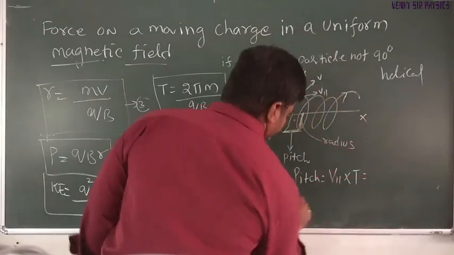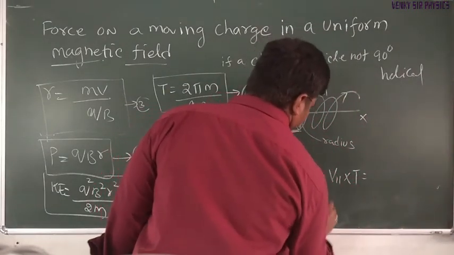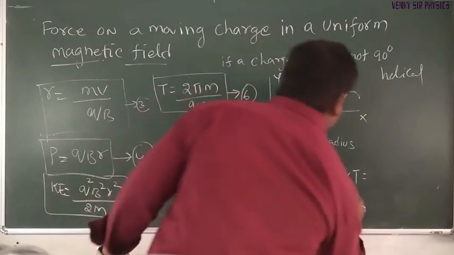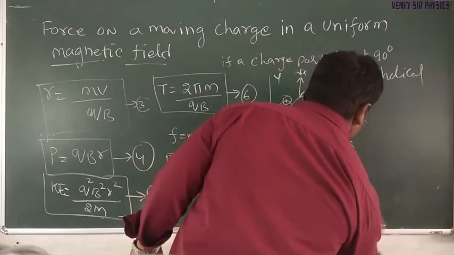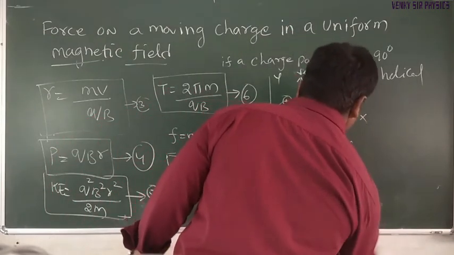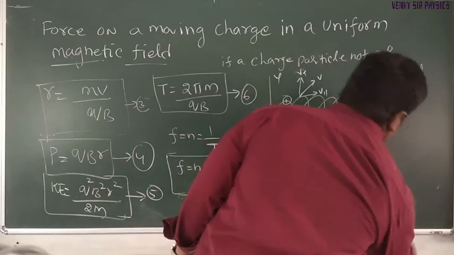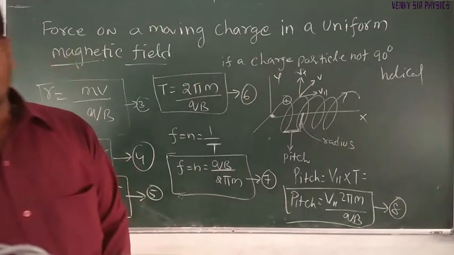Pitch P is equal to V parallel into time period, time period 2 pi m divided by qB. So this is the pitch, equation 8.